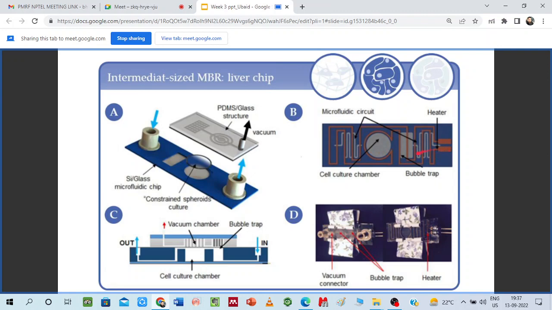And when the media is supplied, what advantage does it give compared to conventional cultures? In conventional cultures, only one layer of cells can be grown, but here in this cell culture chamber there may be different micro segments on which cells can be grown in different layers.